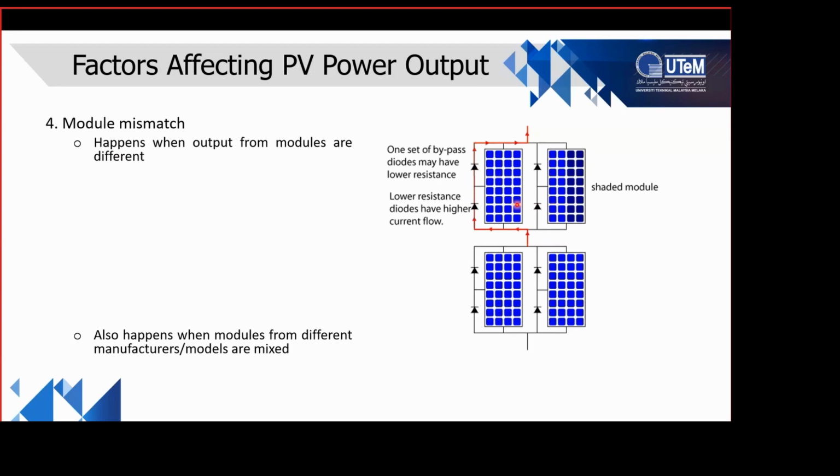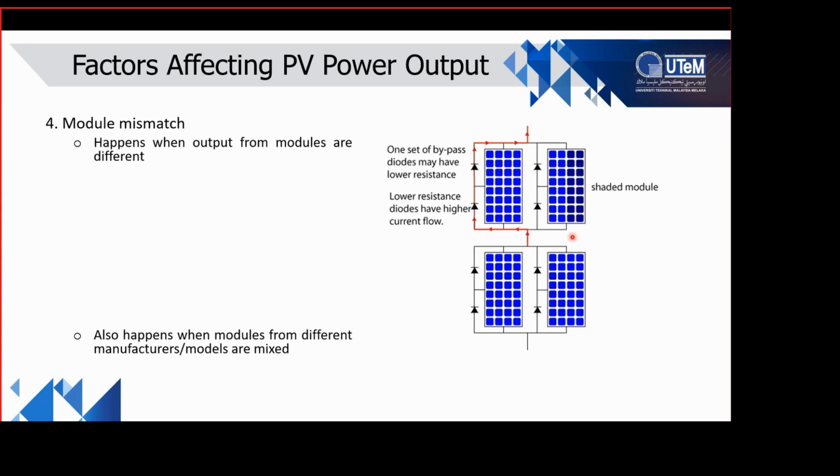Let's say we have the modules connected like this, and one of the modules is shaded. You need to understand from the PV system that the current in a string is derived by the lowest performing module. If let's say all the modules are okay, one module is a bit faulty, the current for the whole string is going to be determined by this lowest performing module.